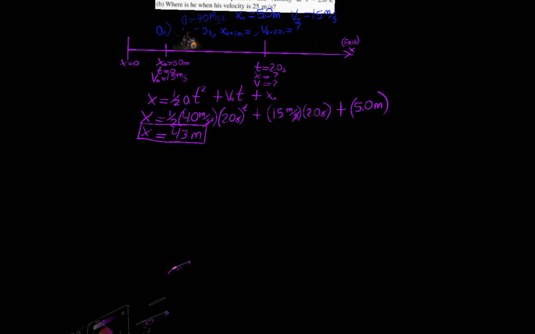So now we're solving for velocity. We're going to use equation 1, which is v, and let's assume that it's in the x direction. So v is equal to a t plus v naught. We can plug right in because it's already solved symbolically for us.